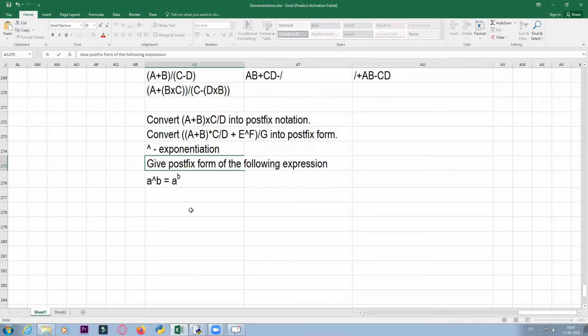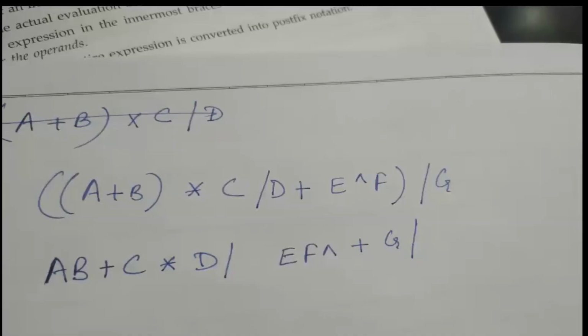The expression is this: A into B plus C plus D into E plus F divided by G into H. It's looking complicated. Take your time and do it. Check your answers, everyone.